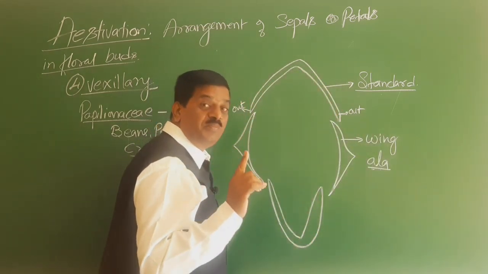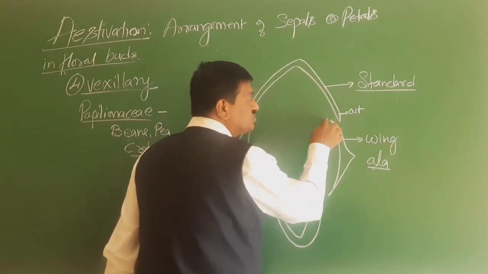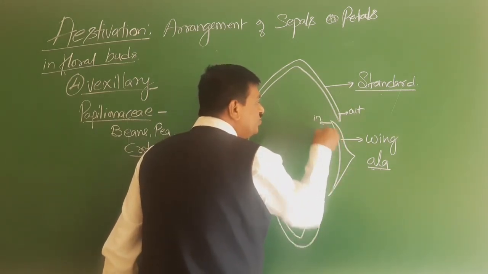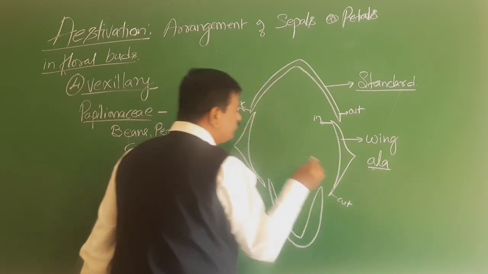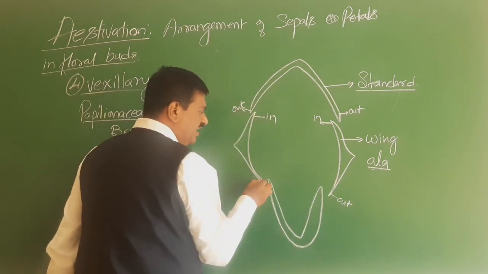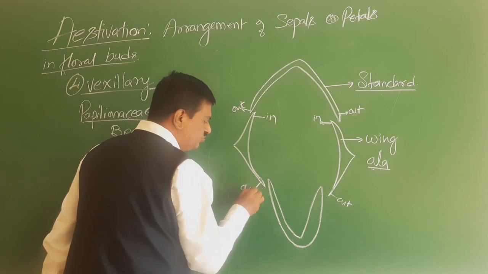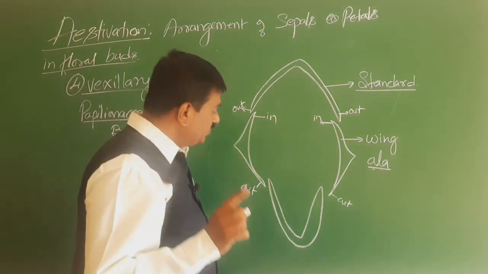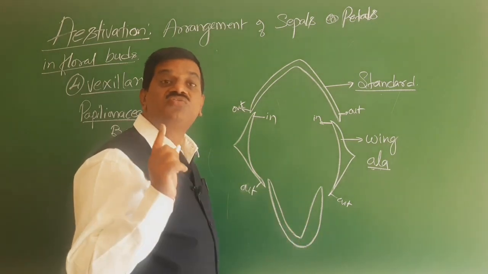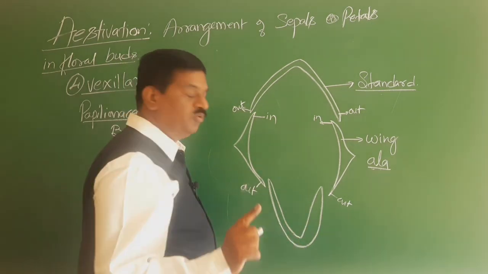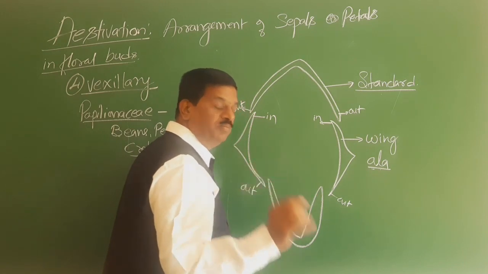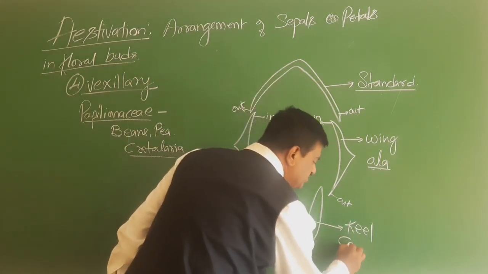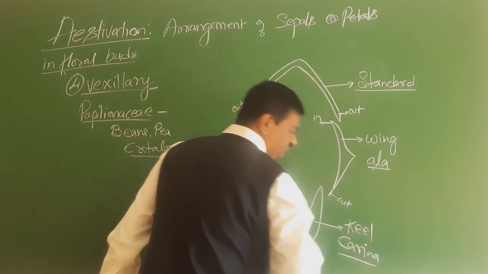In these wing petals, both the edges have in and out arrangement: one edge is in, one edge is out. Whereas 2 more petals are fused to form a boat shape, and these petals are called keel petals, or carina.